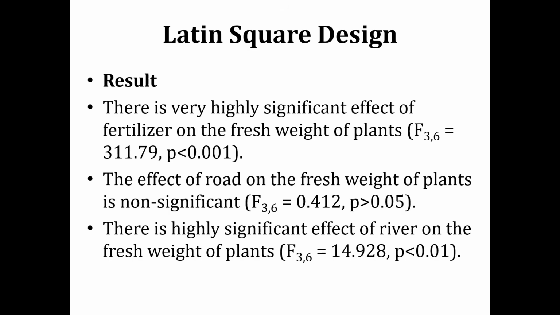So this is how we can differentiate between the effects of these sources of variation on the growth of plants. And Latin square design is our third type of experimental design.